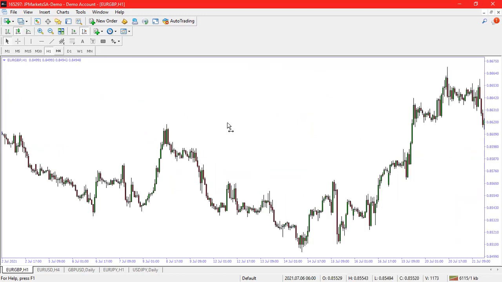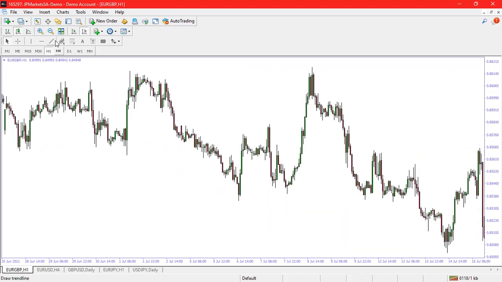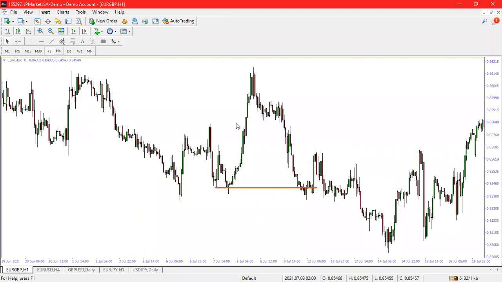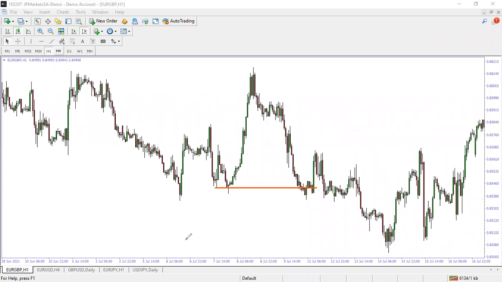So another one, here it is. If you can be able to see, we had a bullish liquidity void there. It went up, but then we had a BMS there.